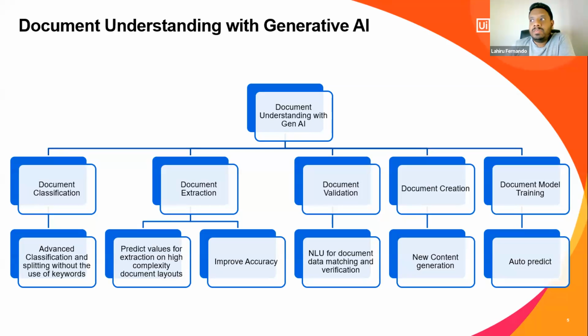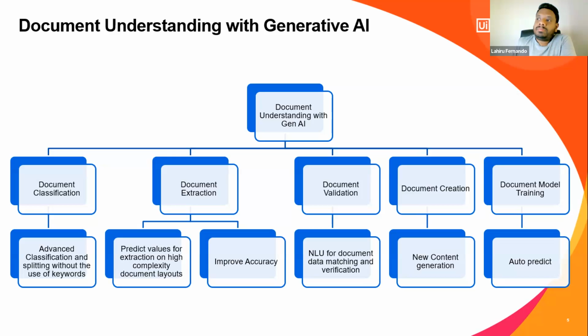So these are some new things that may come out soon. I think it's already there. These are some things that make our lives easy in data extraction and also in training these models within UiPath.